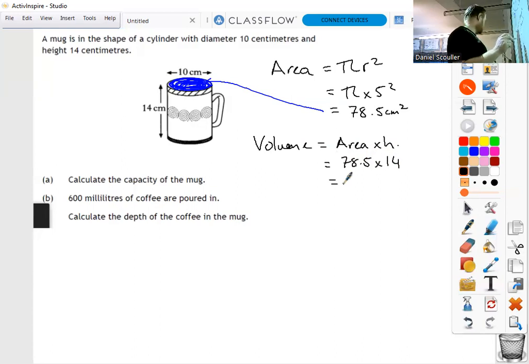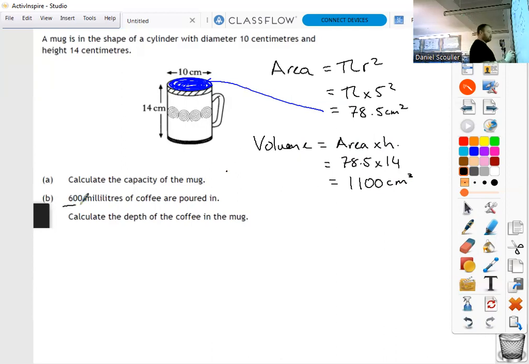That's given us 1,100 centimeters cubed. 1099, just round it up. That's the first part of that question, probably worth 1 mark. The second part of the question is a wee bit more complicated.